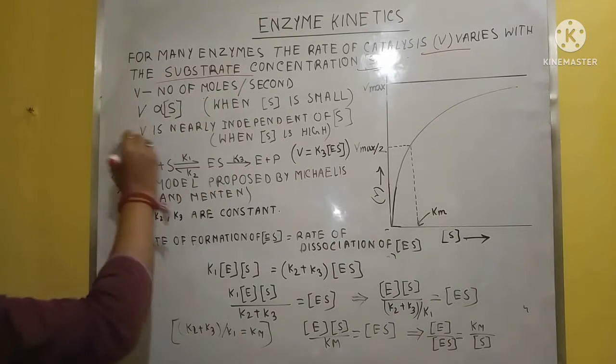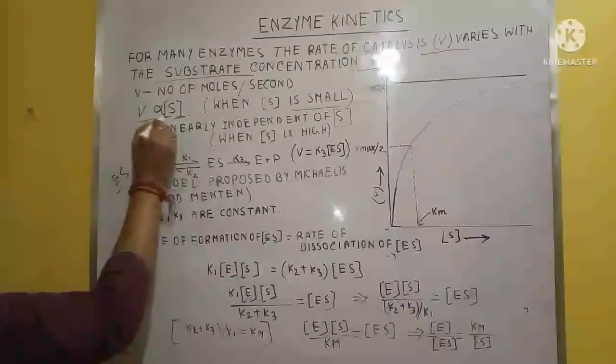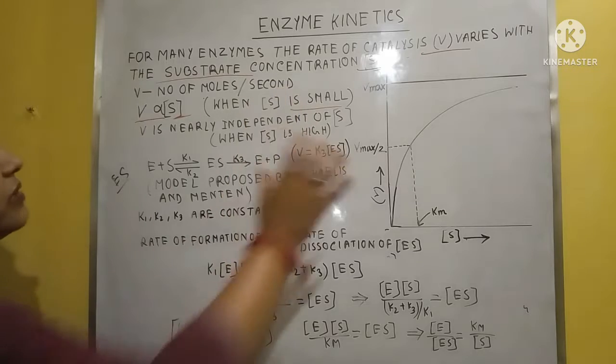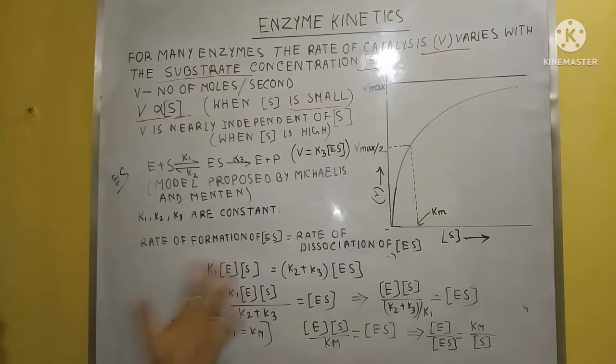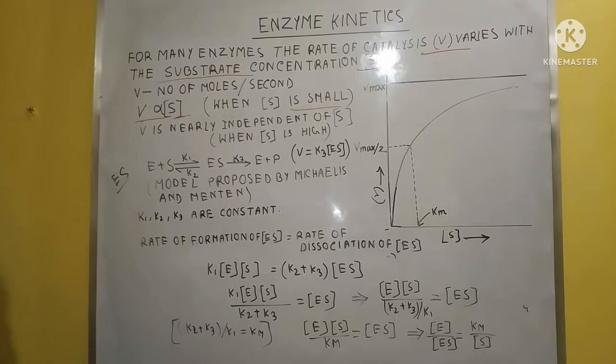When the substrate concentration is very small, V is proportional to the substrate concentration. Clear? That means when the substrate molecules are very few, the velocity depends totally on the substrate molecules.